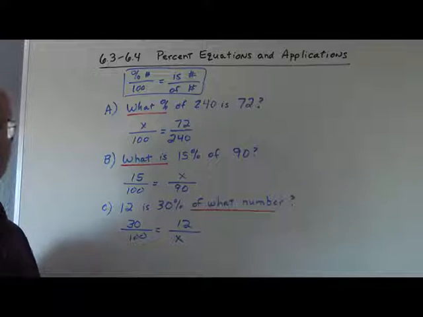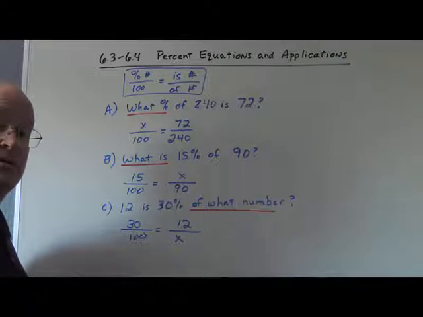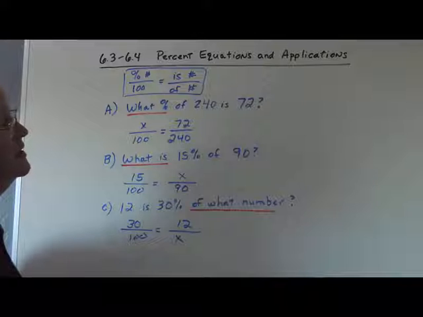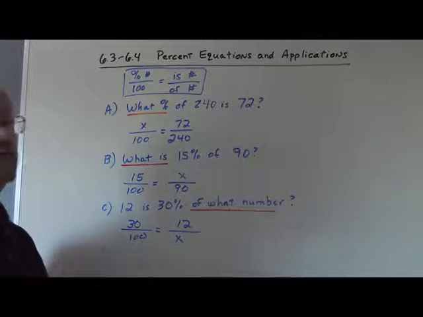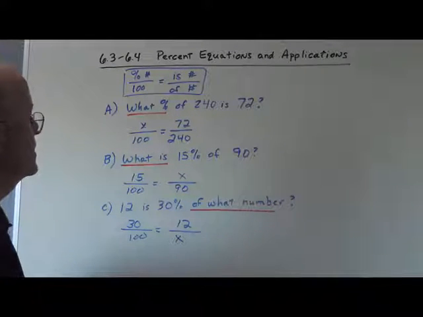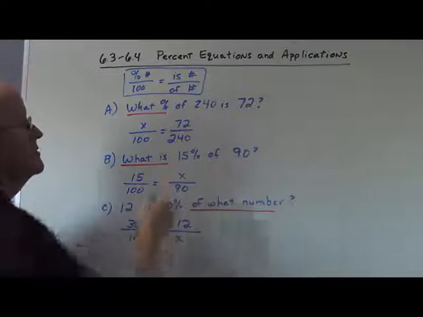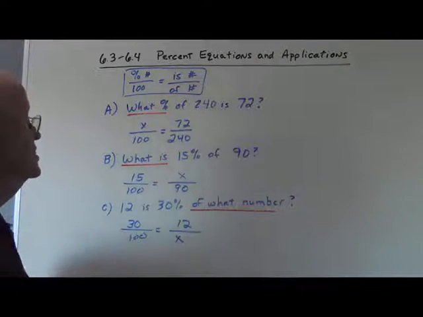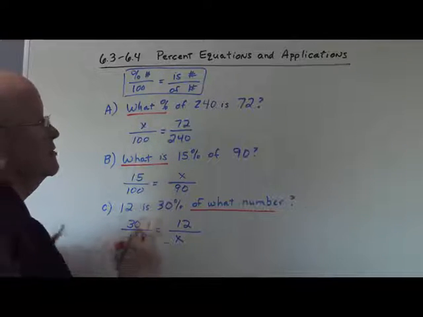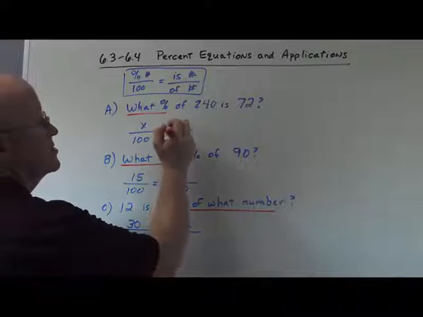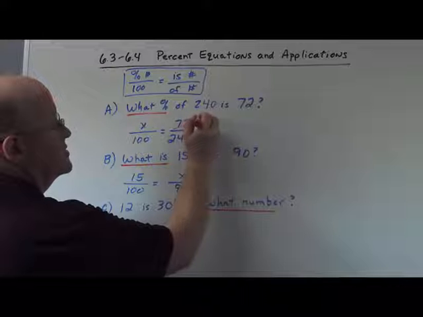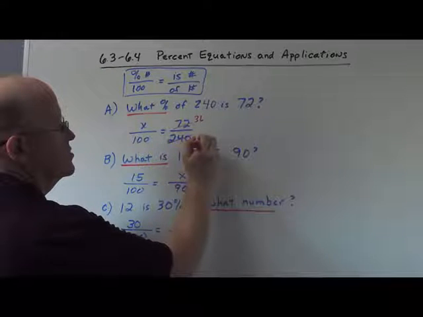Now let's solve each of these. Sometimes you can do this in your head, sometimes you need to do a little bit of reducing and multiplying. Let's take a look at this first one. I like to reduce my fractions before I do cross multiplication. I notice that 72 and 240 are both even. So let's cut each in half to 36 and 120.